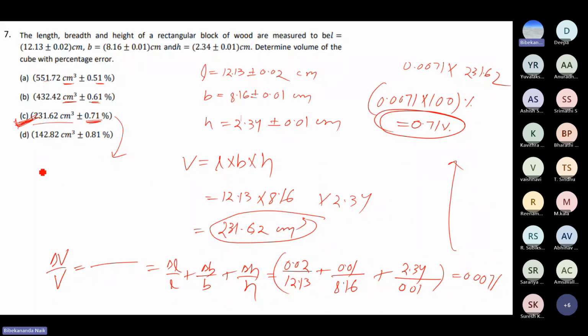So it will be 231.62 plus minus 1.64 centimeter cube. But since this is given in percentage, the centimeter cube is only written after this 231.62.